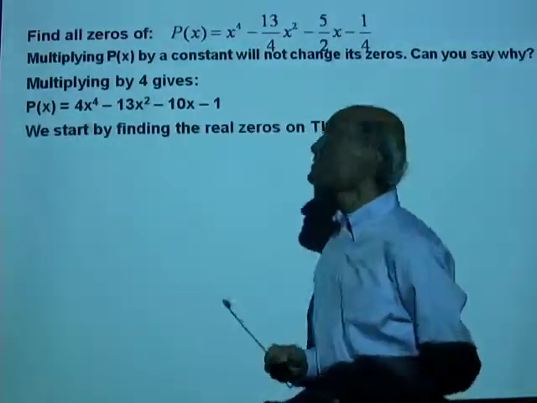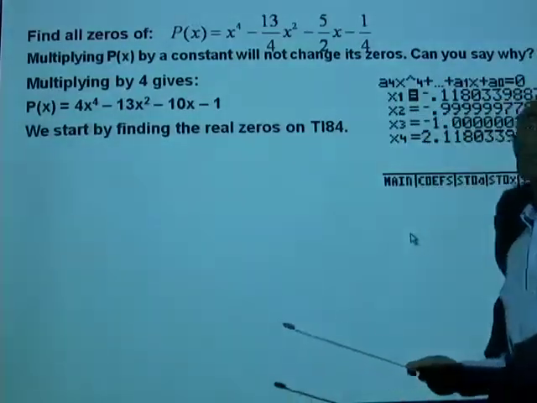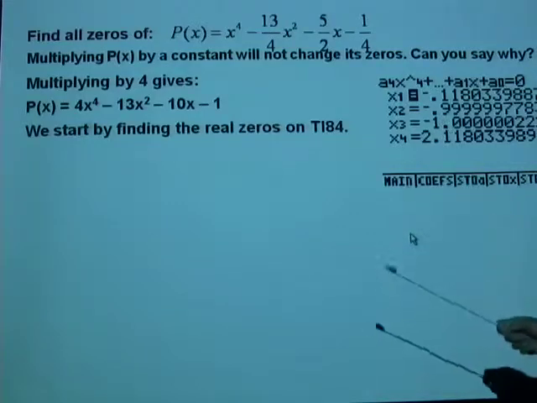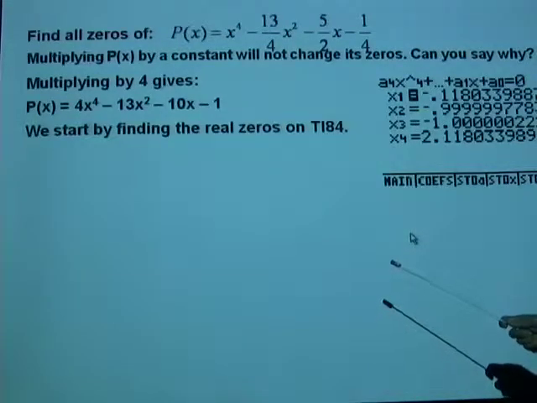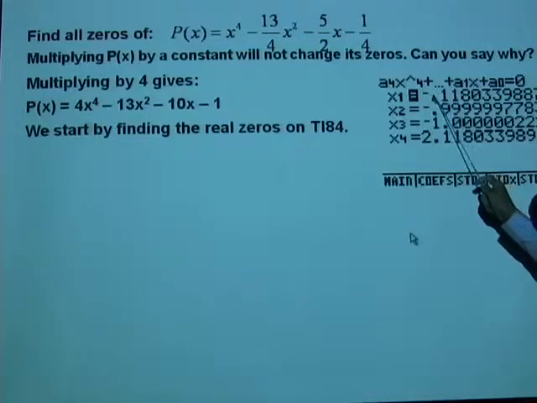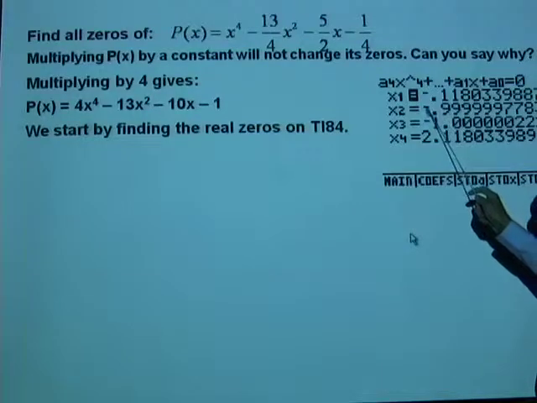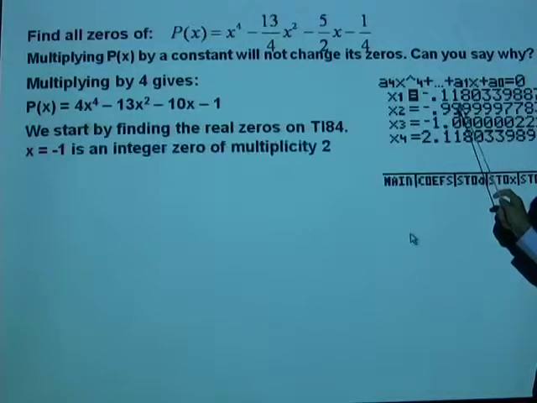We start by finding the real zeros on the TI-84, and I'm going to leave it for you to do on your own. Now look at this and tell me what the real zeros are. This is a rational zero, that is a rational zero. You can read this one as negative 1, is that right?